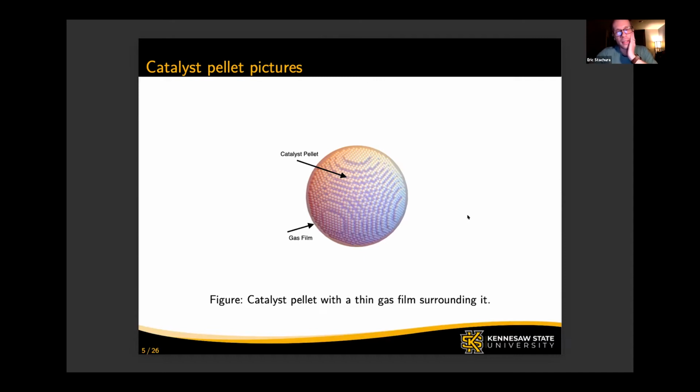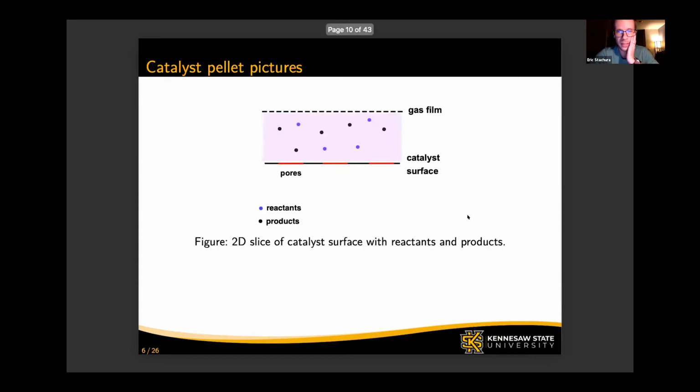And then I say, all right, this is the 3D object, which is kind of hard to visualize. So let's take a two-dimensional slice and have a look at that. Maybe that's a little bit easier to digest, and that'll help us understand the differential equations. So we take a two-dimensional slice, and I draw in the little particles for them to see.